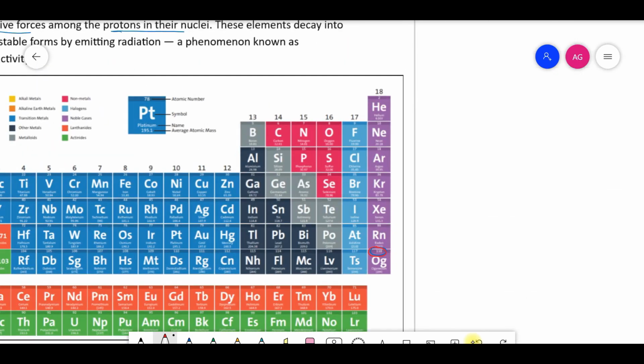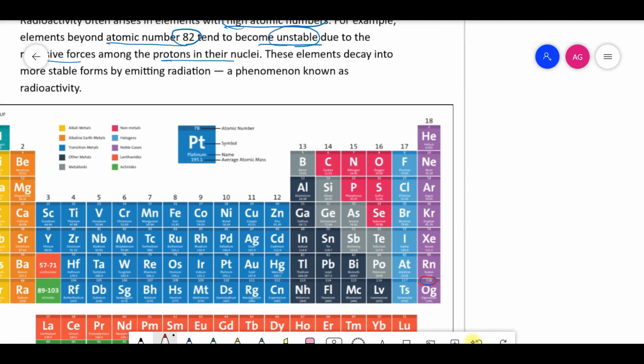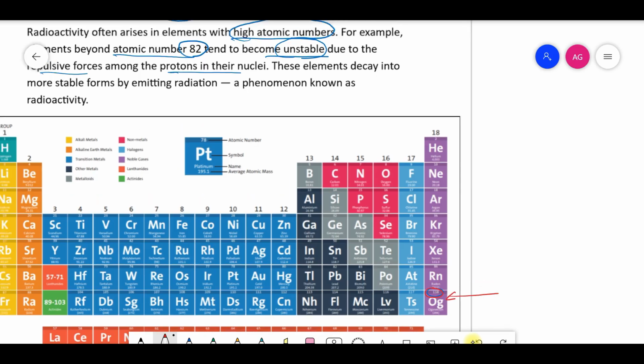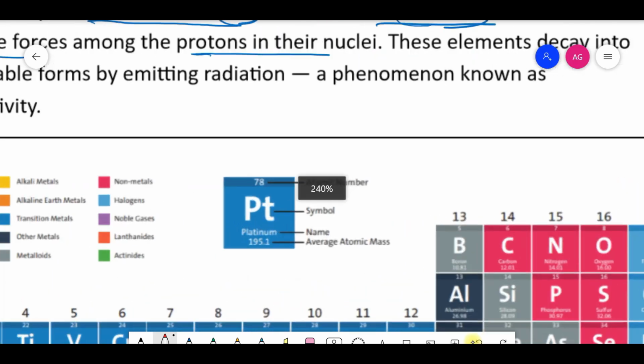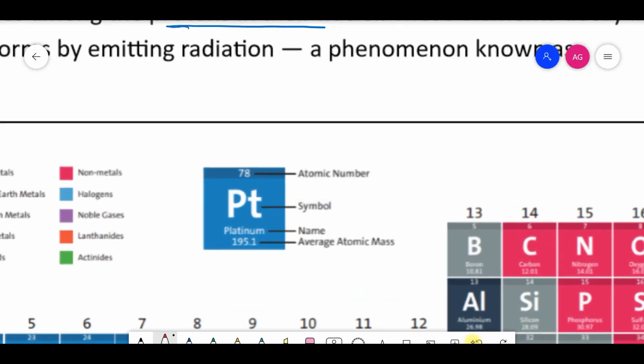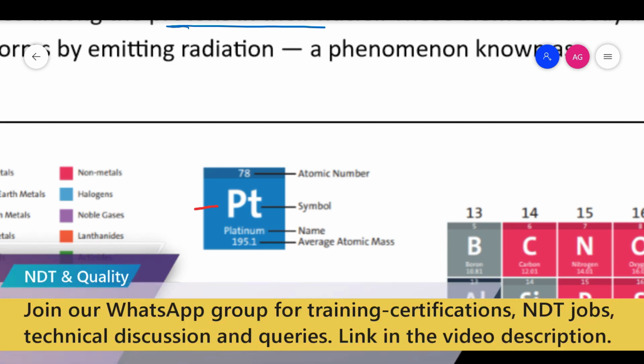Elements are added to it from time to time. Earlier there were 109, after that there were 110. Now the latest element is 118. Okay? In this, whatever symbol of any element is given, there is some number written before or after it, so what is its meaning? Like this is platinum. Its symbol is Pt and on the top side, its atomic number is written.